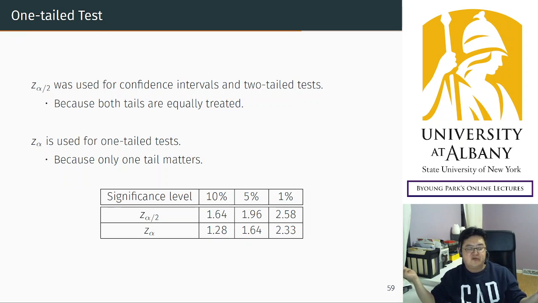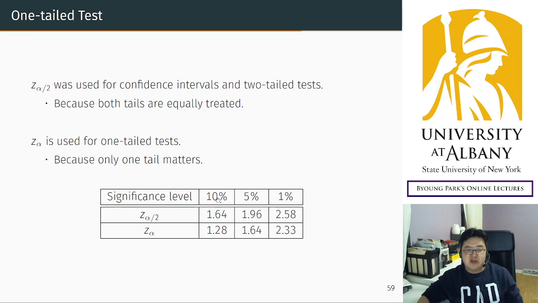So overestimation and underestimation, positive errors and negative errors, are equally likely, so they should be treated equally. That's why we split alpha into alpha over 2, but now we don't. We do not treat them equally. We only care about one of them. So alpha is not split.